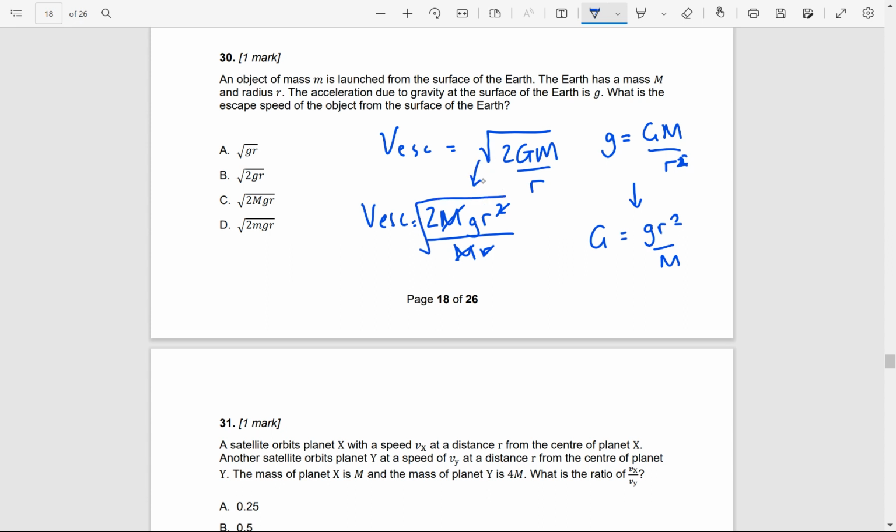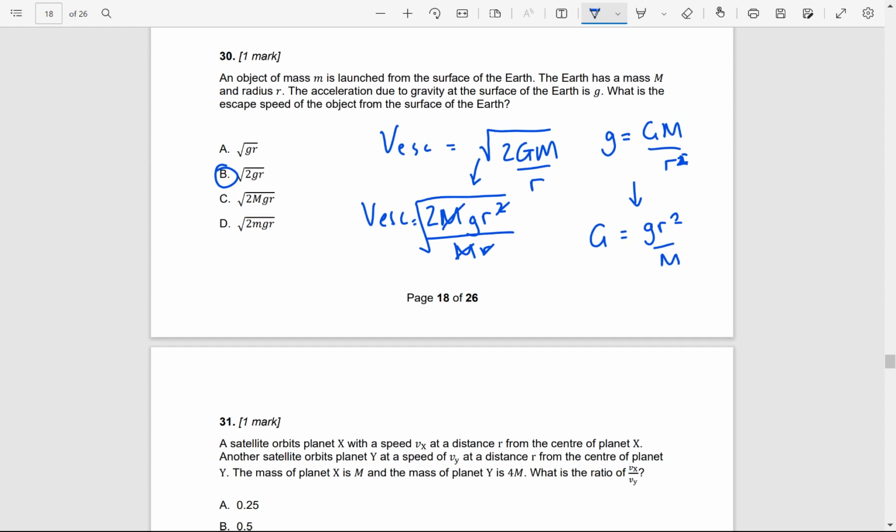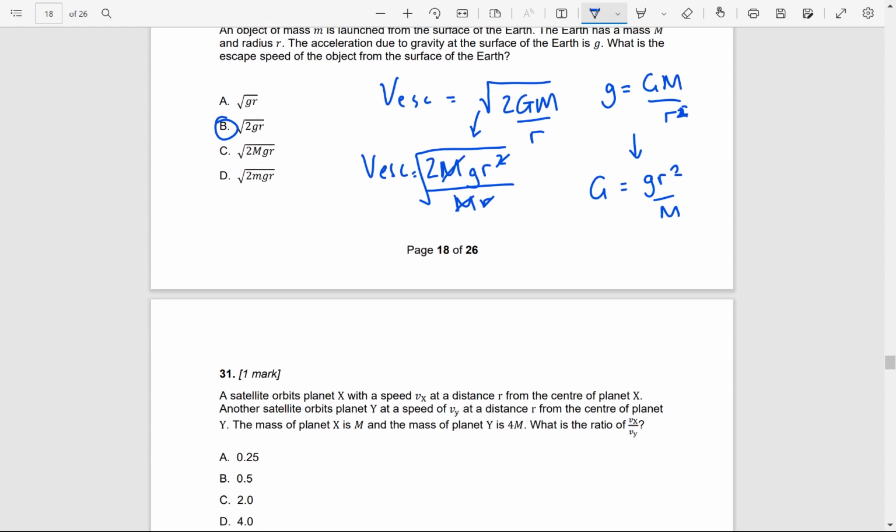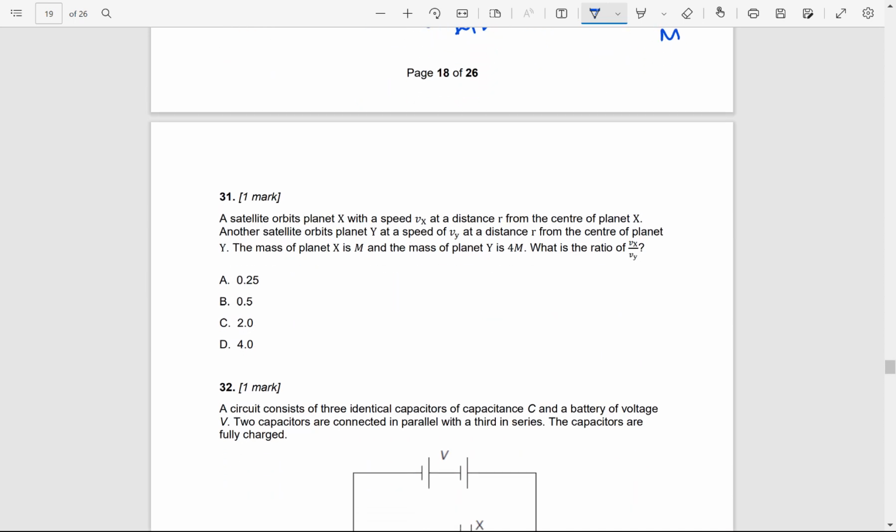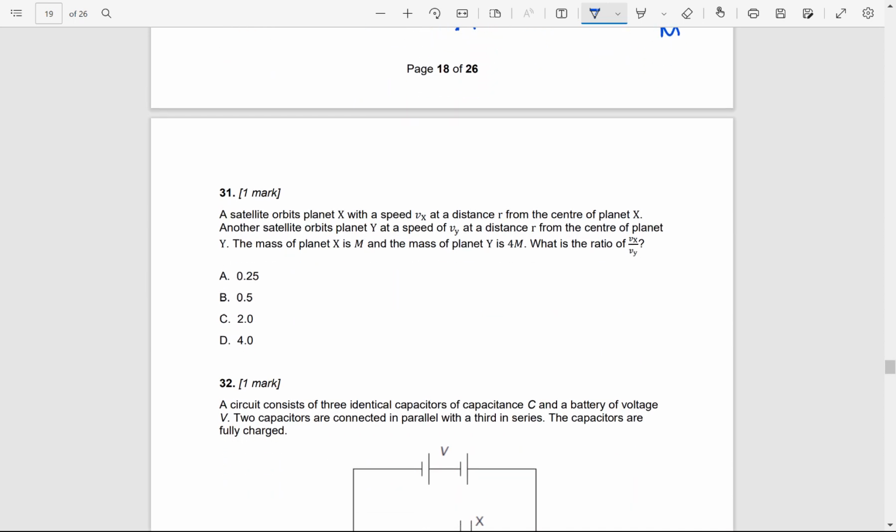Oh, I forgot to square root it. So it's root 2gR, so it's B. Apologies, I forgot to put the square root in when I was substituting all of this, so I forgot to carry the square root all the way through.